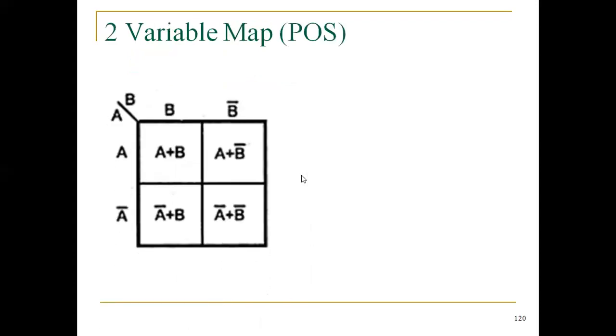Similarly, two variable representation in POS. Please listen here. In the previous case, that is SOP, what is the representation, and in this case what is the representation. Another important difference: the variables A, A bar, that is uncomplemented and complemented.